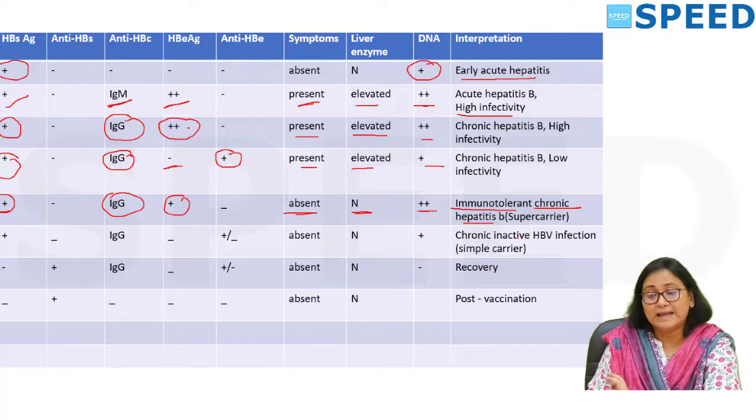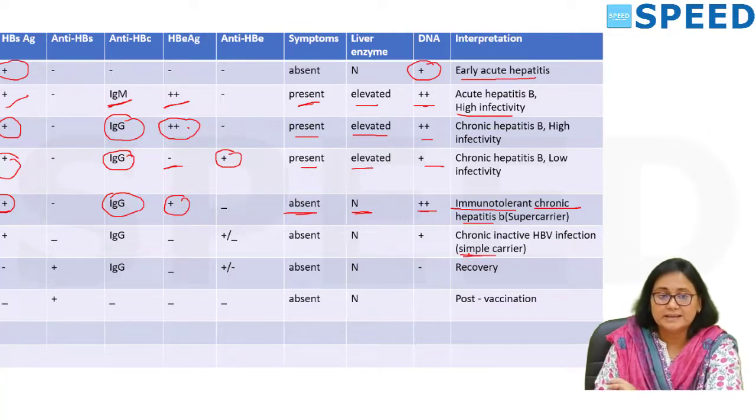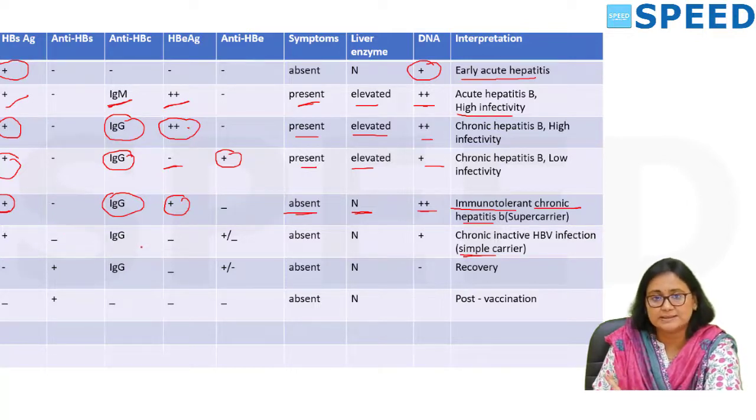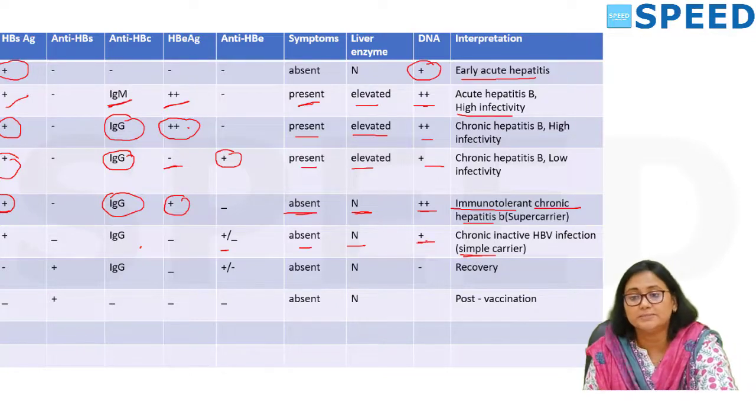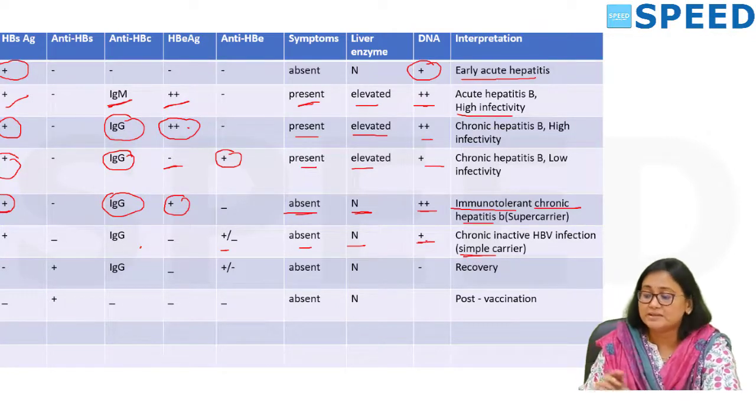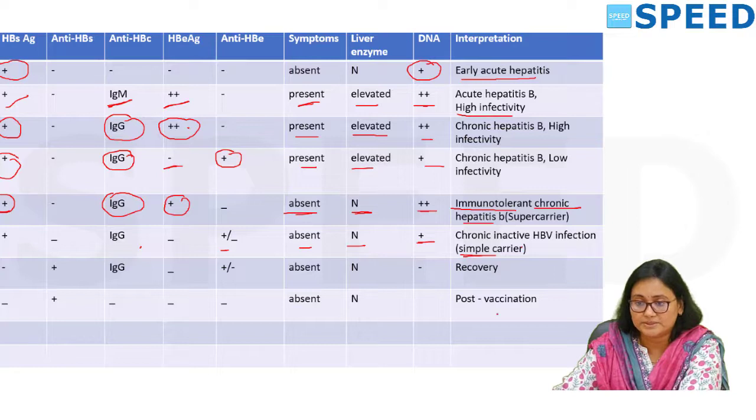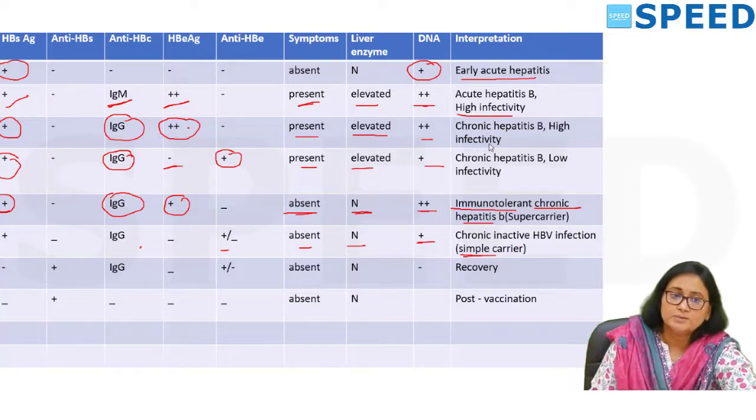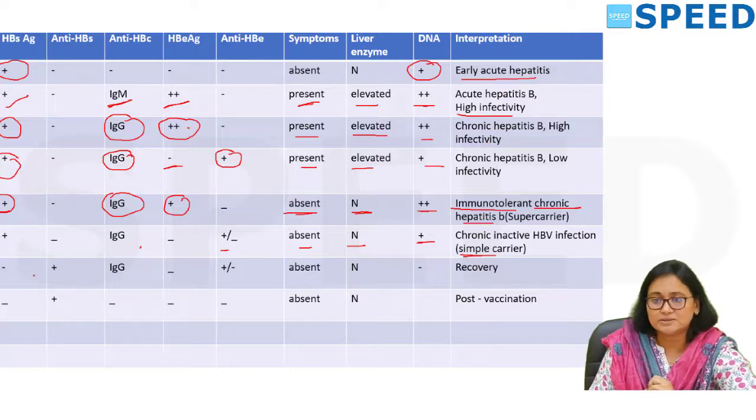Chronic inactive hepatitis B, which we say simple carrier, in that your surface antigen is there, IgG anti-HBc is there, anti-HBe might or might not be there, no symptoms, liver enzymes normal, DNA will be there, that is your simple carrier. If it is a case of recovery from hepatitis, the person has recovered from hepatitis B infection, so your surface antigen is not going to be there.